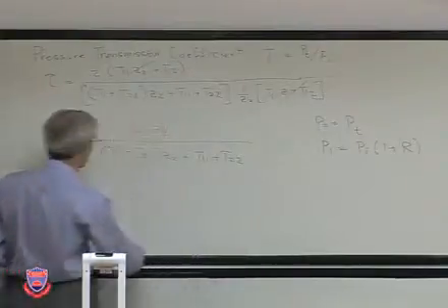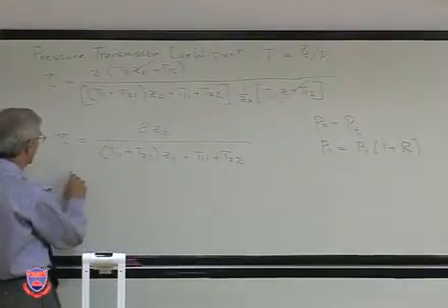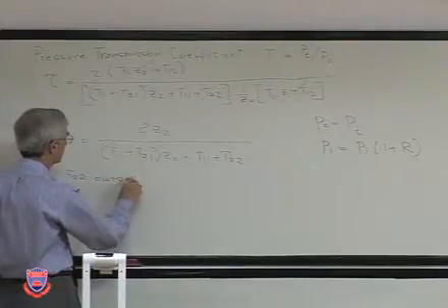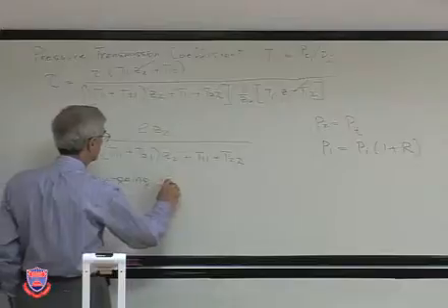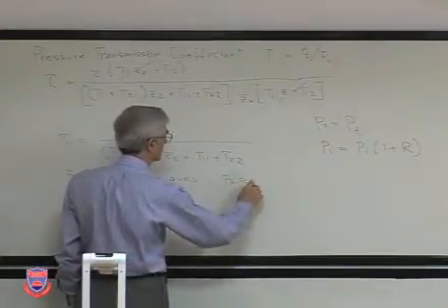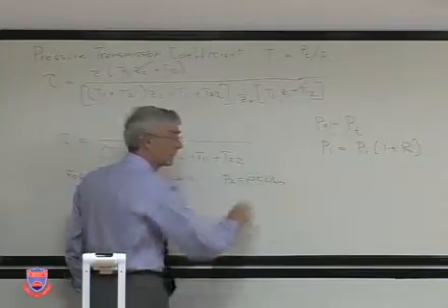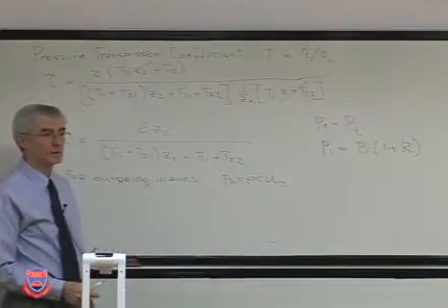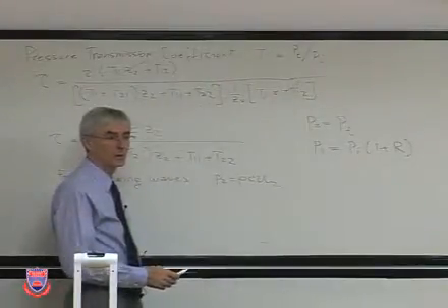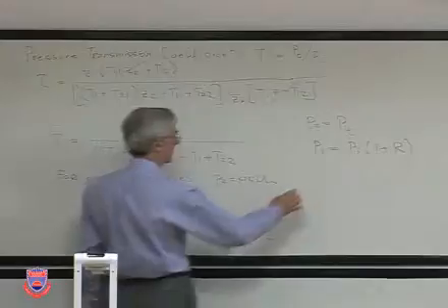Now, again, for outgoing plane waves, normal incidence, pressure is equal to acoustic impedance times particle velocity.